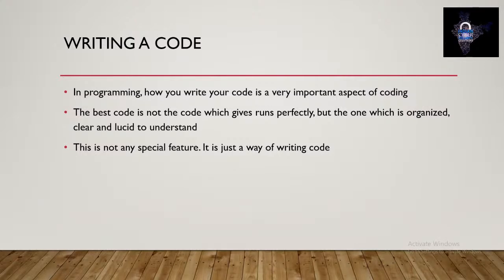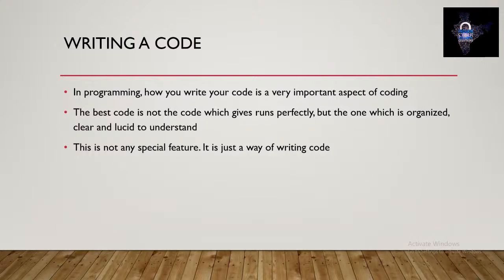So now what we are going to see is the OOPS concept and Python data structures, which will come later on. Whenever you are doing programming, how you write your code is a very important thing. Why is that important? Because, for example, I might write a code in 4 lines and somebody else might write it in 10 lines.